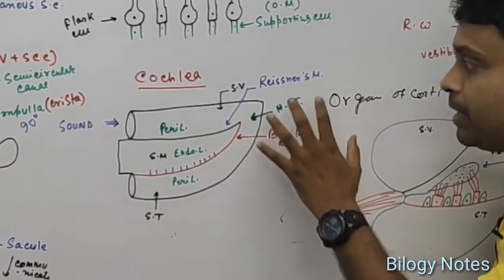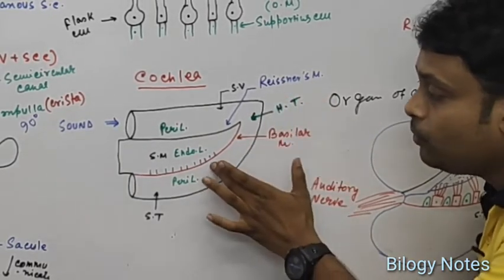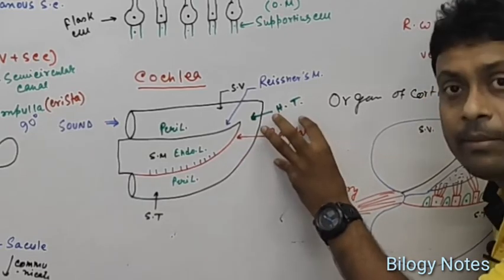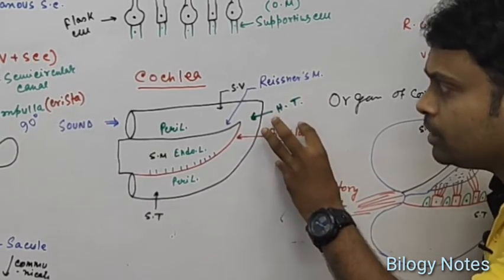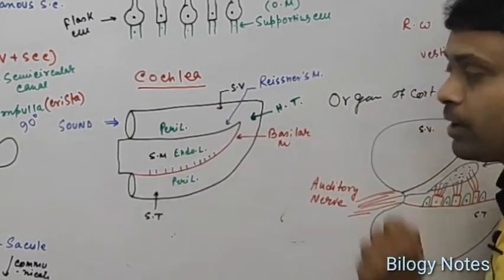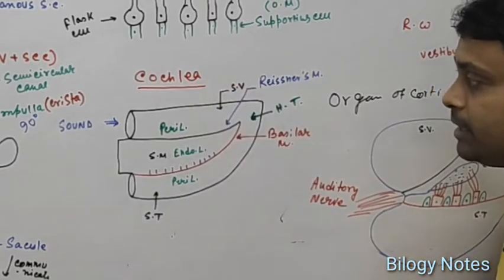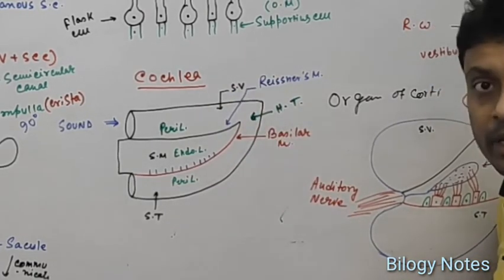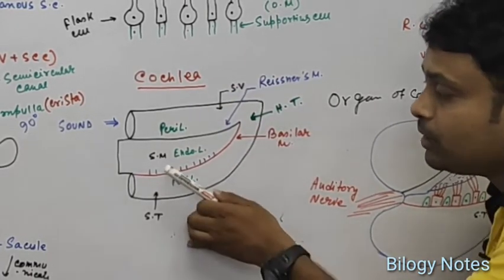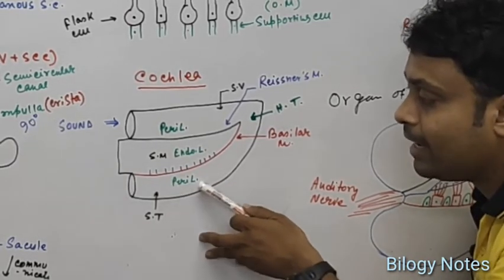The upper membrane is known as Reissner's membrane, and the lower membrane is known as the basilar membrane. So these two membranes form three chambers inside the cochlea. The upper chamber is known as the scala vestibuli, the middle chamber is known as the scala media, and the lower chamber is known as the scala tympani.